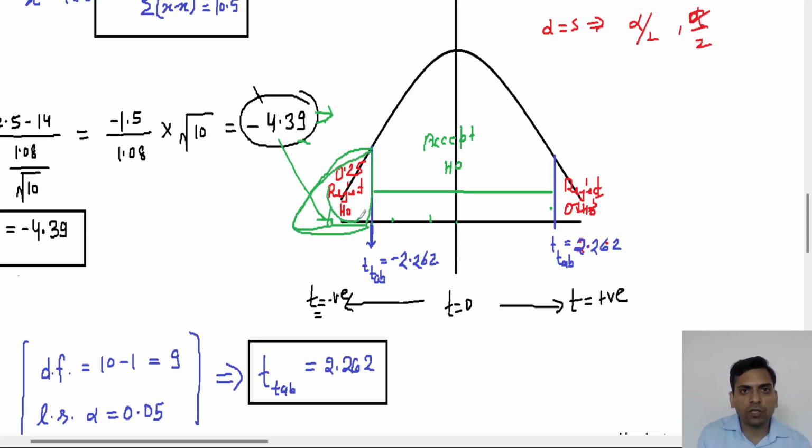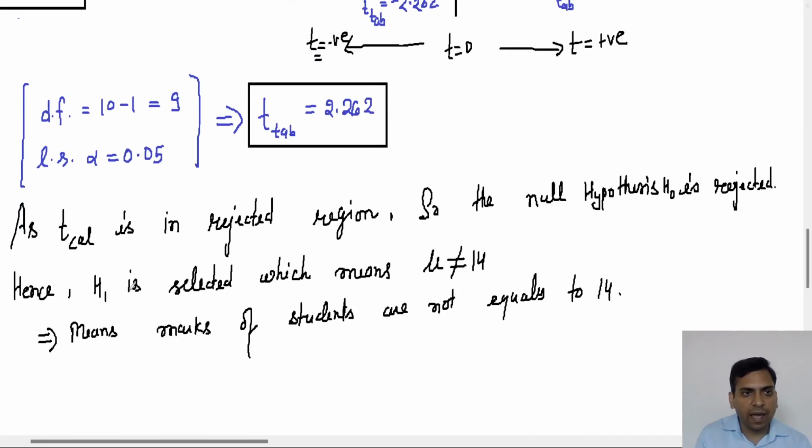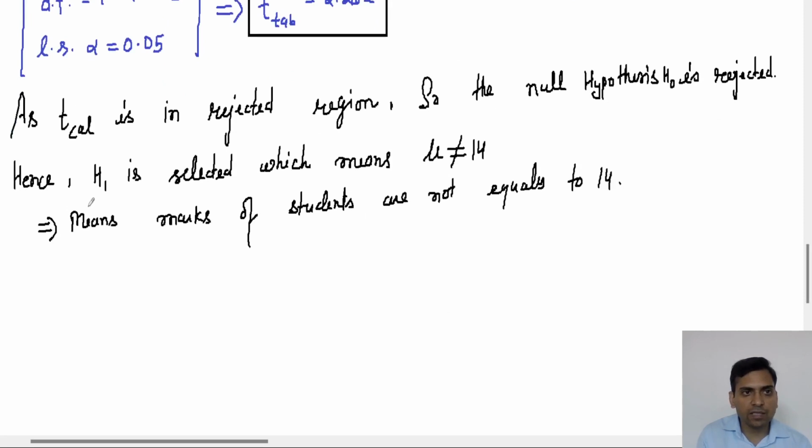So rejection of what? Rejection of H0. This means we will write that t calculated is in rejected region. So the null hypothesis H0 is rejected. Hence H1 is selected, which means mu not equals 40.